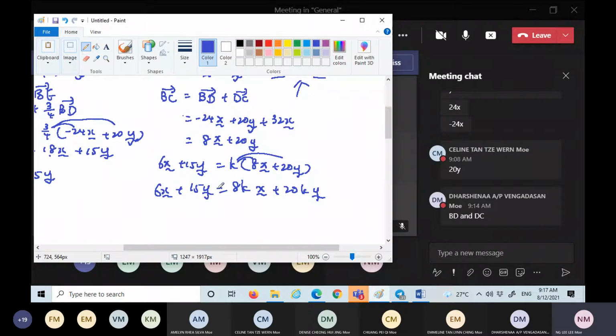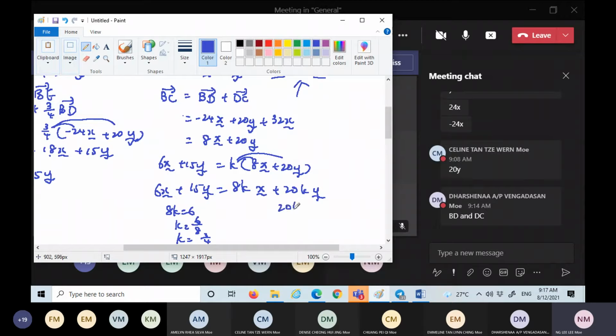Remember for vectors, always you need to compare. Compare the coefficient for the x and compare the coefficient for the y. In this case, both K must be the same. If when you do it the K is different, it means this is not parallel, and you cannot come to a final conclusion for the K. Let me try the first one. 6/8, simplify by dividing by 2, so it's 3/4.